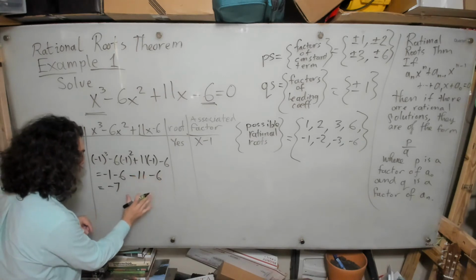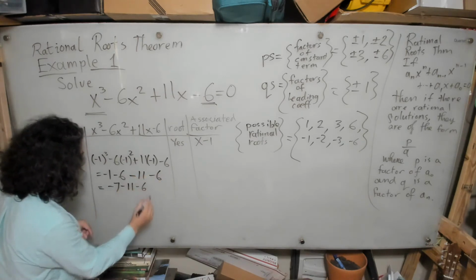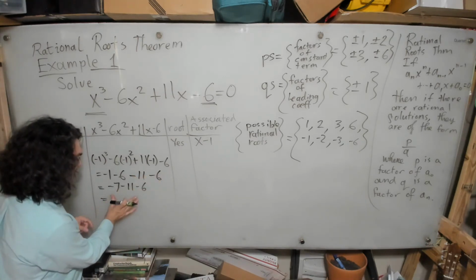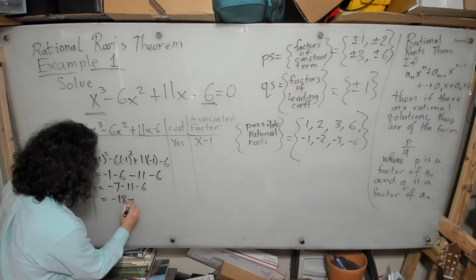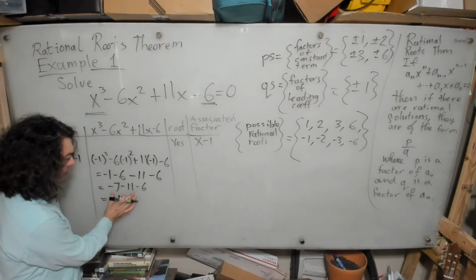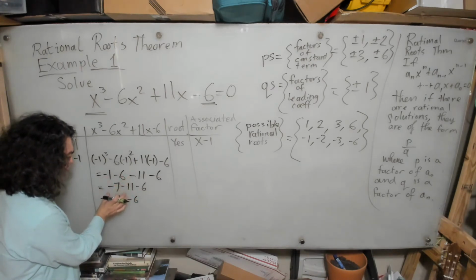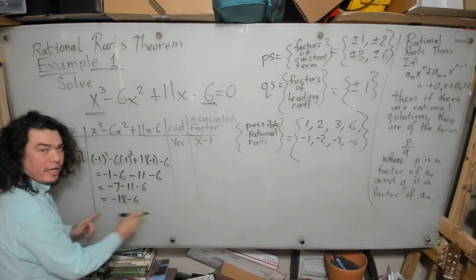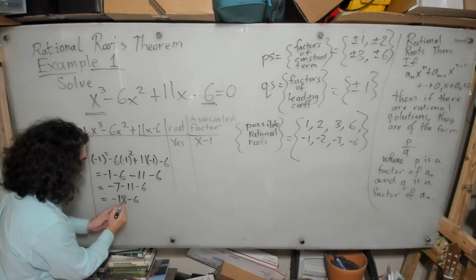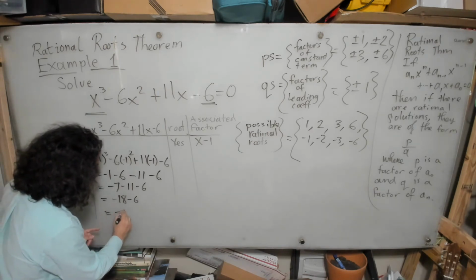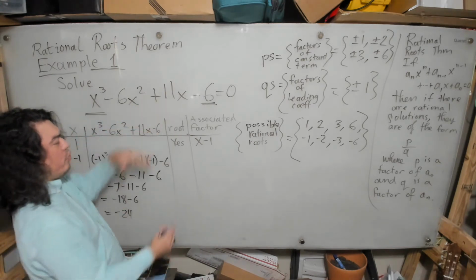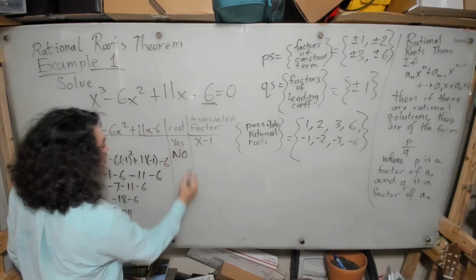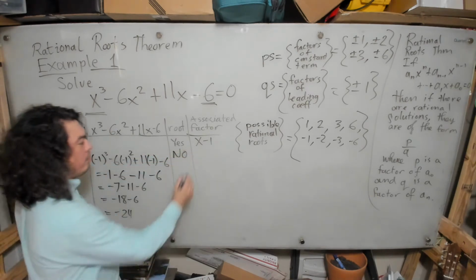And then I bring down my -11 minus 6. What is -7 minus 11? This is -18. And then I bring down my -6. Notice how I'm doing them 2 at a time, working my way until I get the whole expression simplified. And then -18 minus 6 is -24. Okay? Is this a root? Is this a solution of this equation? No. Is there an associated factor? No. Right?